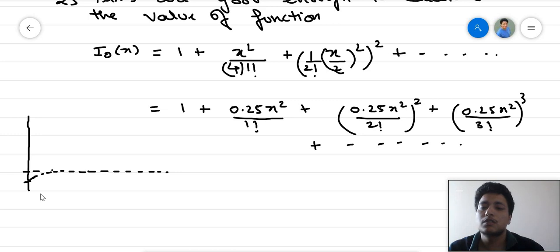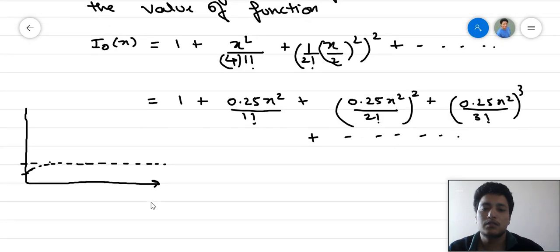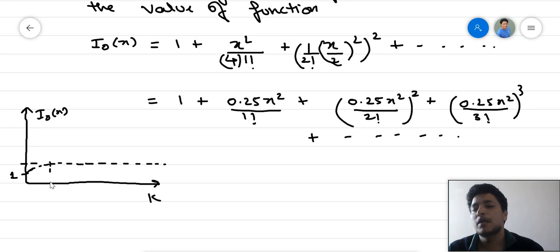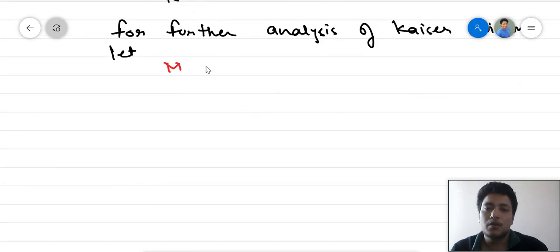So this particular series will converge as the value of k increases. This is the curve of I naught, which starts from 1 and then converges very fast. For most practical applications, M is equal to 41 and beta is equal to 4.5.